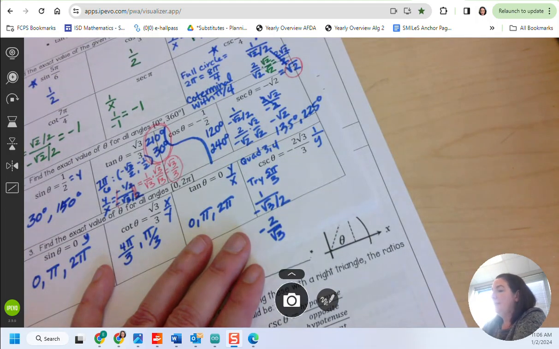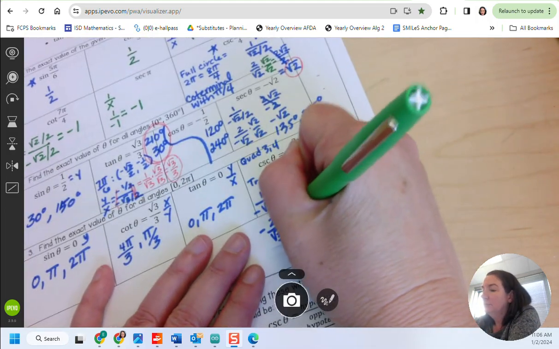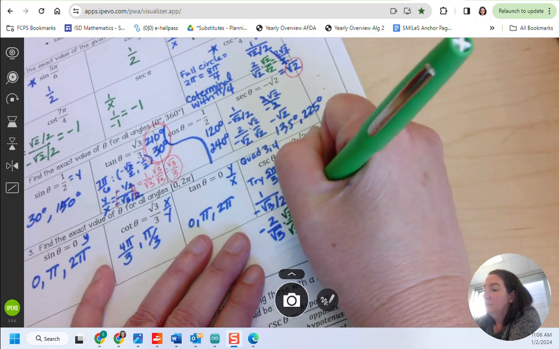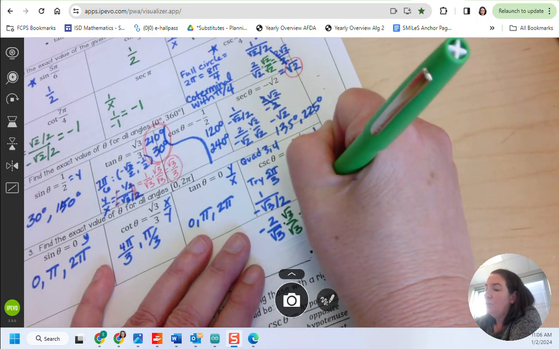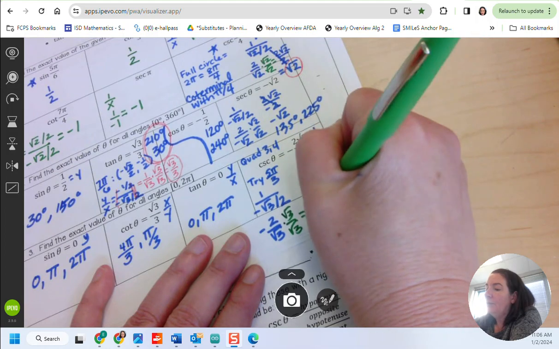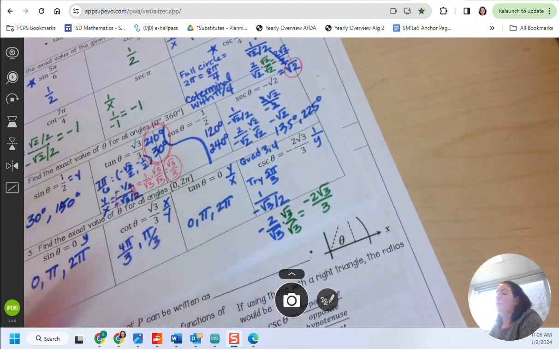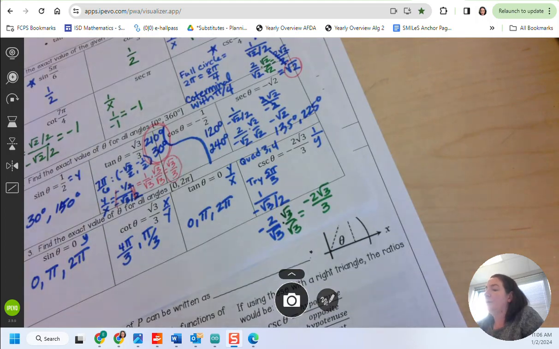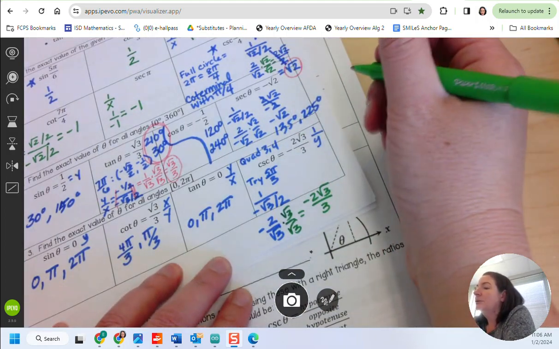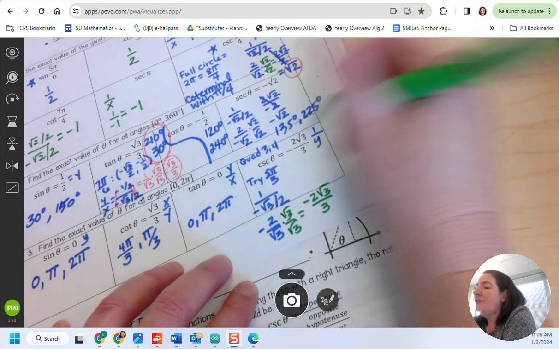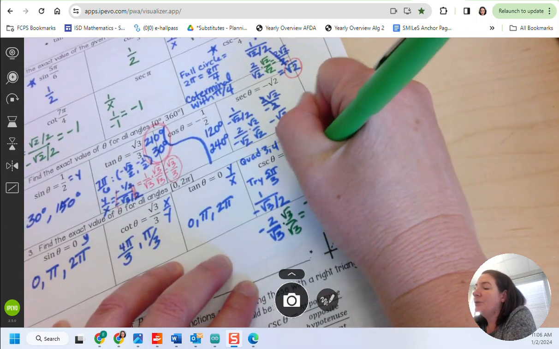You're going to rationalize it. Negative 2 root 3 over 3. So did 5 pi over 3 work? So that's one of them. And now we have to try to find one in the third quadrant that's also going to work. It is, yeah. So since 5 pi over 3 worked, 4 pi over 3 is also going to work.